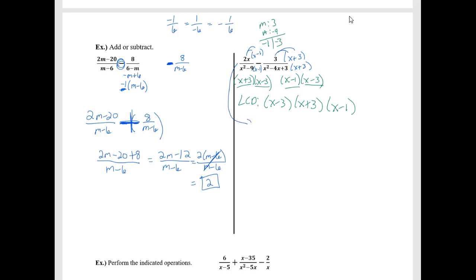So bringing this down here, I will have 2x squared, right? 2x times x minus 2x, which would be the 2x times negative 1, all over that LCD. Then, still subtraction, distributing a 3, it's 3x plus 9 all over our LCD.